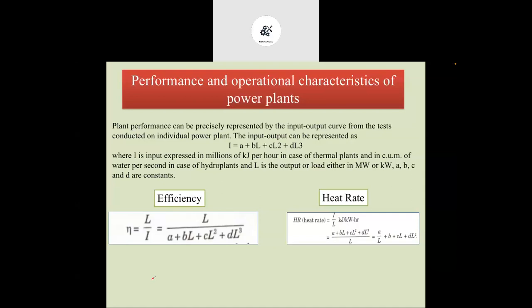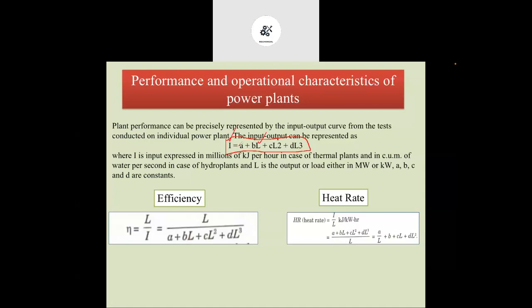These characteristics also change with respect to the type of generator we are using, the type of power plant, the loads and demand, etc. There are many factors, but generally those are drawn by using the input and output requirement. Now the plant performance, the total efficiency and total heat rate we can calculate using different formulas.